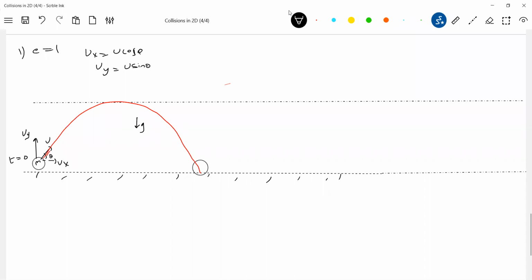After impact, we know that uy should not change. Now you check it. So the ball will be there after the second impact, after the third impact, and this is the trajectory.